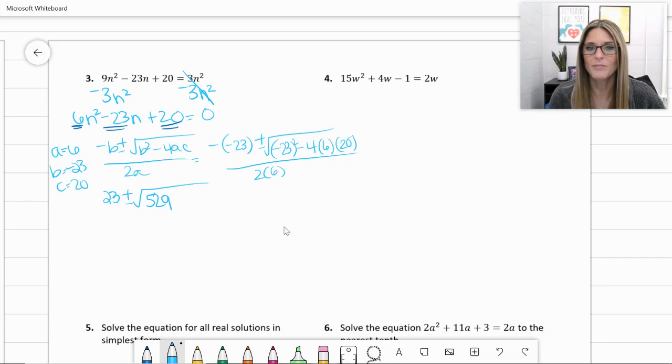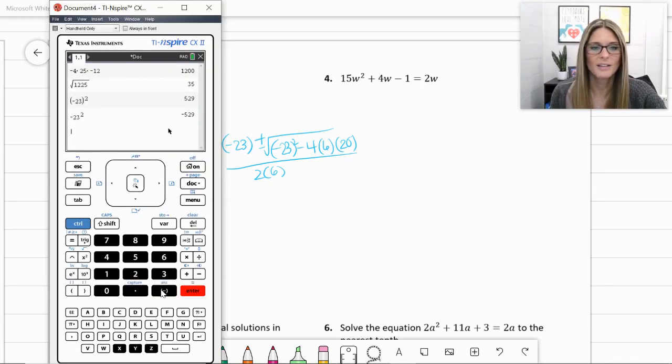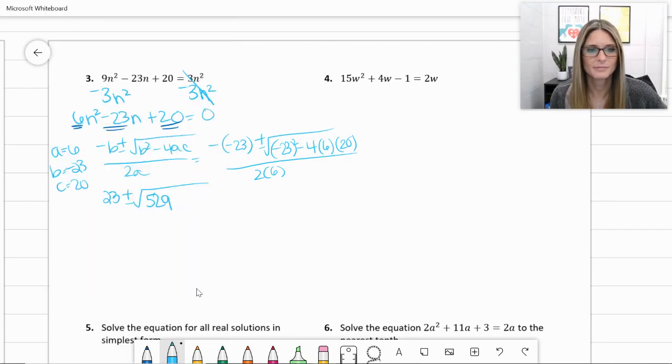The latter part, we've got negative 4 times 6 times 20, which is going to give us negative 480, all over 2 times 6 is 12. Let's simplify under that radical.